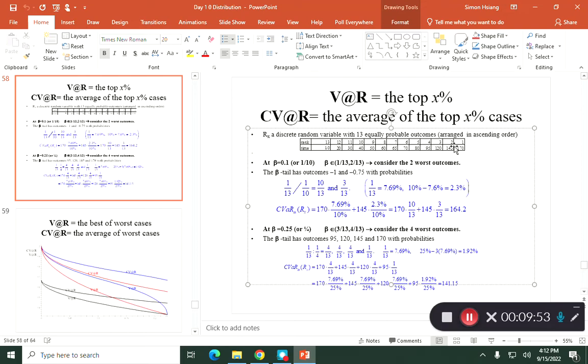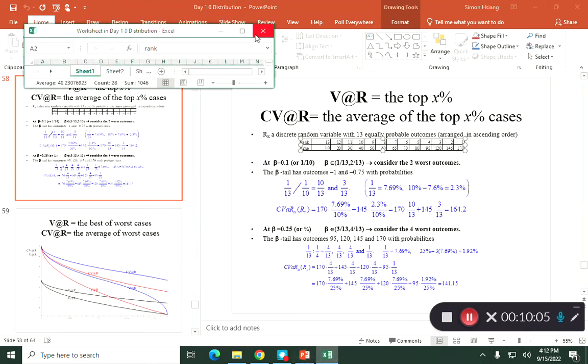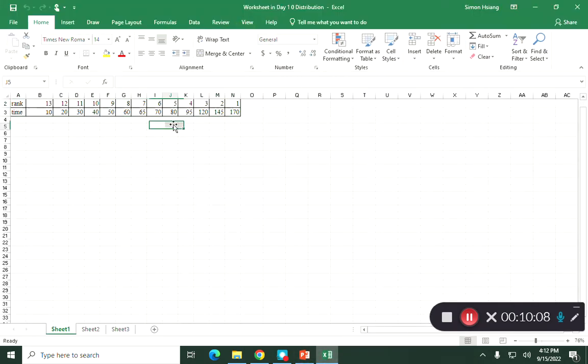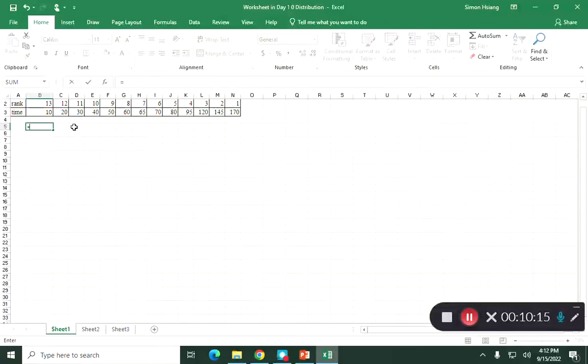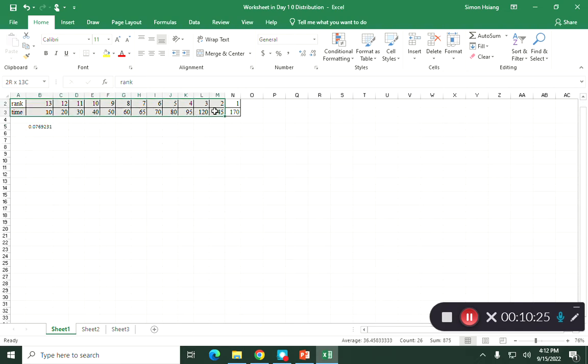And then if I do it this way, you can consider the following. If you do it this way, we can consider that there are 13 values, so each equals 1 over 13. Let me do it this way.